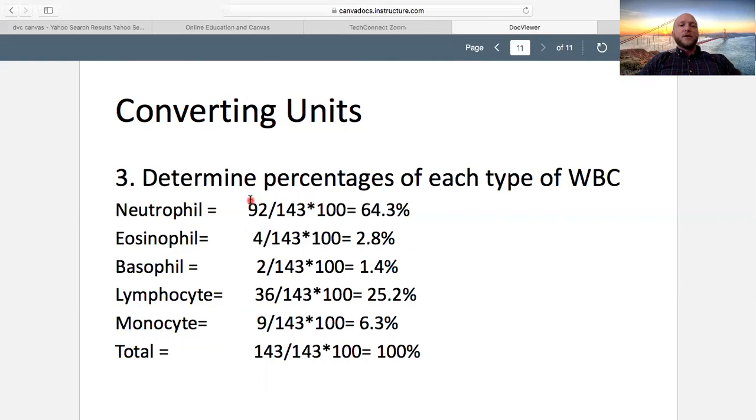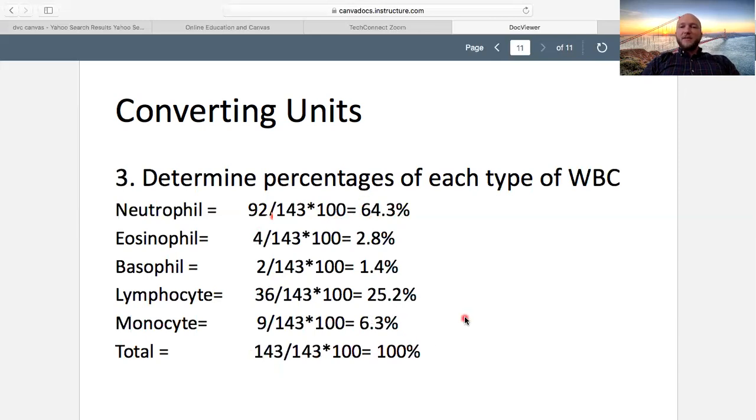So add up the total number of each of the white blood cells. So 92 plus 4 plus 2 plus 36 plus 9, that gives you 143. So now that you know the whole, you can divide 92 by the whole, 143, times 100 to get your percentage, 64.3% for neutrophils. You can double check your work. You add it all up, should equal 100%.